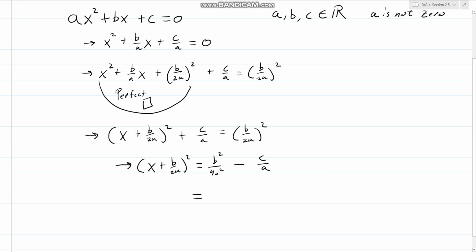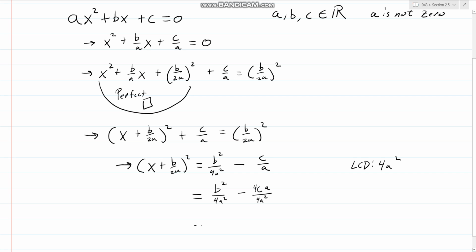Well, the LCD here is going to be 4a squared. So I need to make this a 4a squared, and I need to multiply that by a 4 and an a to make that happen. So that's going to be c times 4a to make that 4a squared.